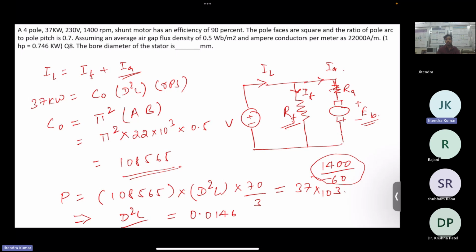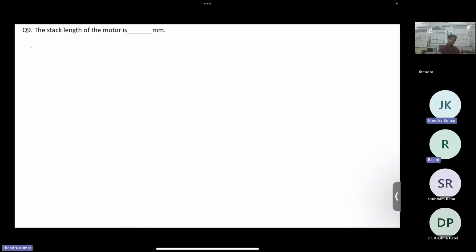0.0146. Okay, so that should be in meter cube, I guess, right? Meter cube, sir. Diameter square into L, meter cube. Now, again, we are given a square pole face. So L by tau is equal to 0.7. Tau can we calculate? Pi d by p.